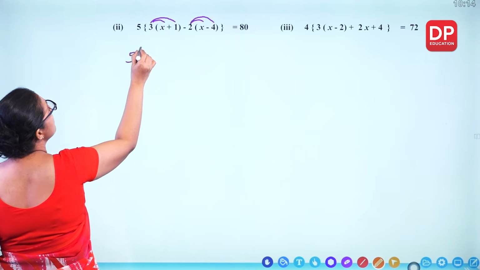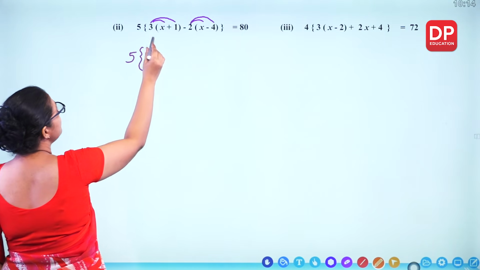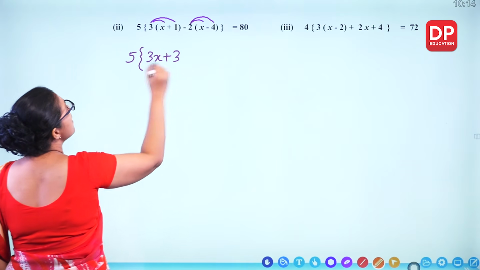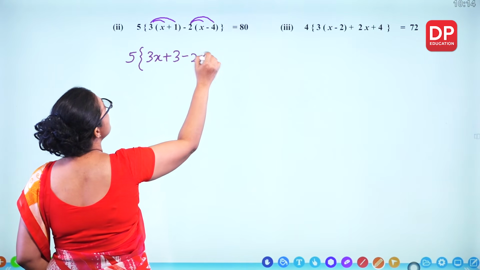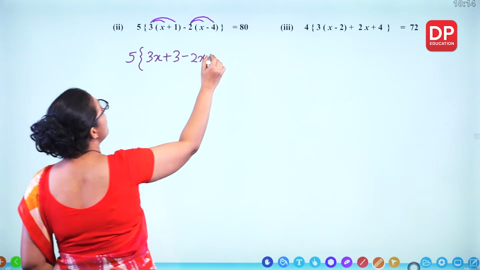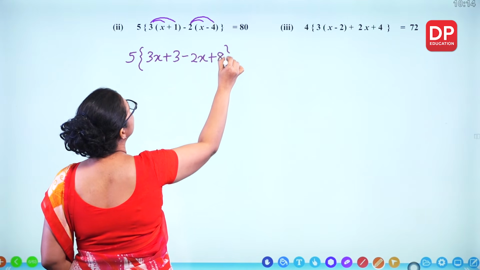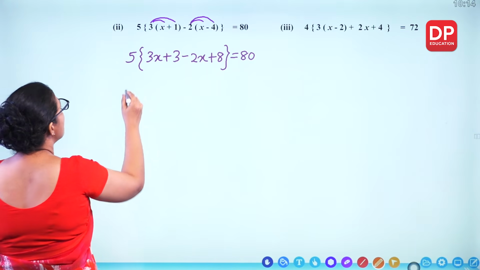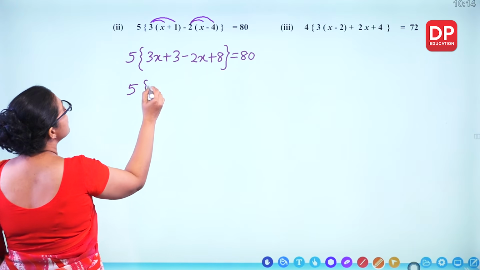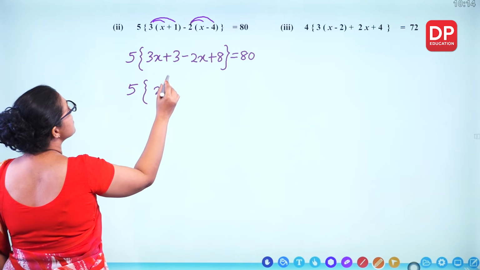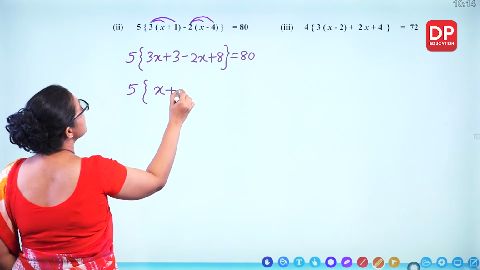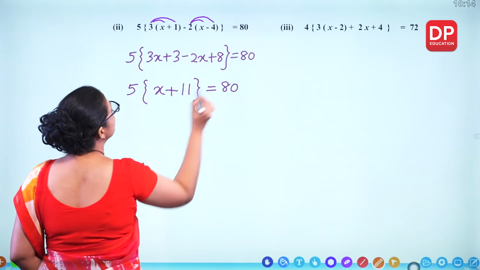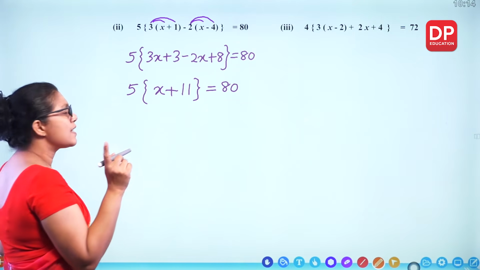So 5 you keep as it is. 3 times x, 3x, into 3 minus 2x minus 2 and minus 4 plus 8 equals 80. Then 3x minus 2x, x. 3 plus 8, 11. Divide both sides by 5.